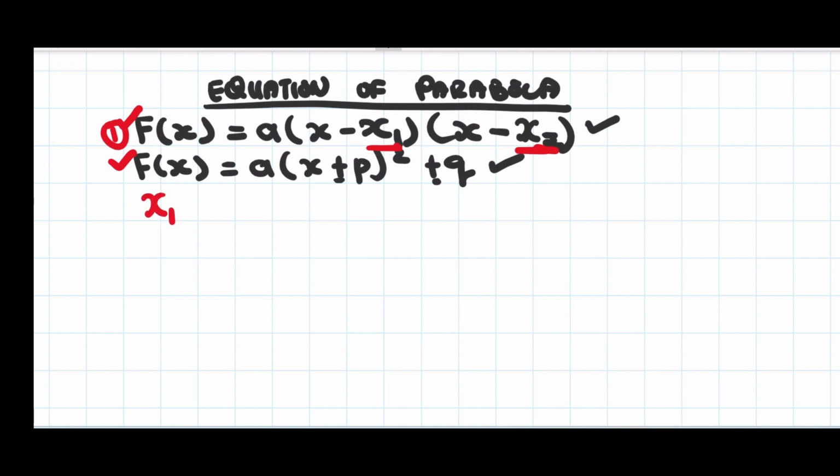So now, this is what we are given: x1, which is -3, and x2, the second x-intercept, which is 2, and the random point, which is (1; -8).